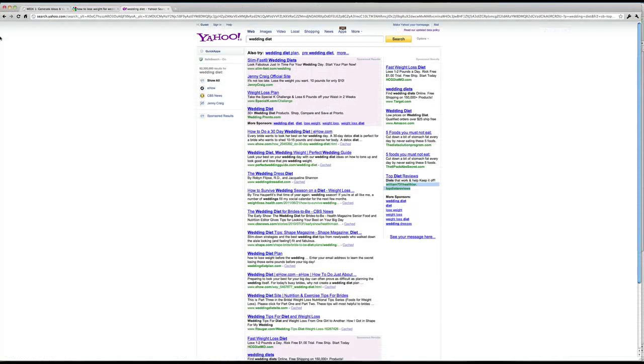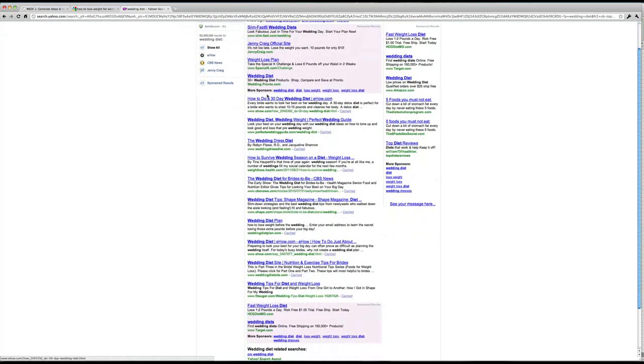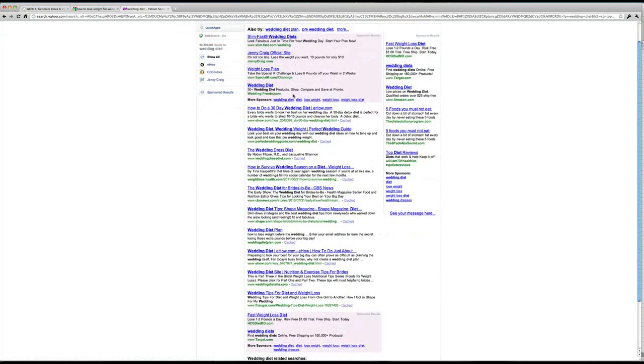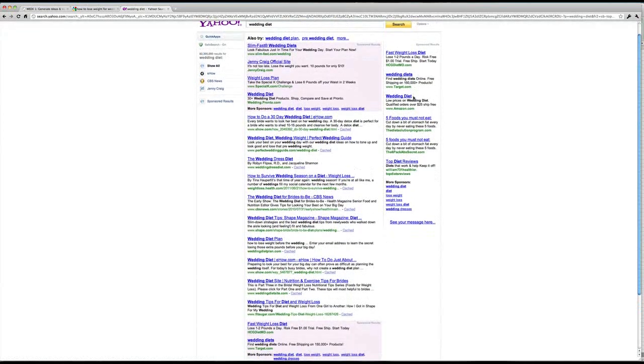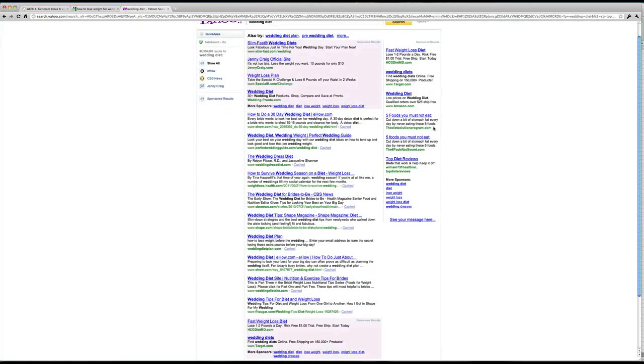Main monetization. Well, that's interesting. What I mean by that is, if I look here, we've got a program. That one looks like shopping. This one looks like a supplement. Wedding, that's Target, Amazon. The diet, that's an info product.